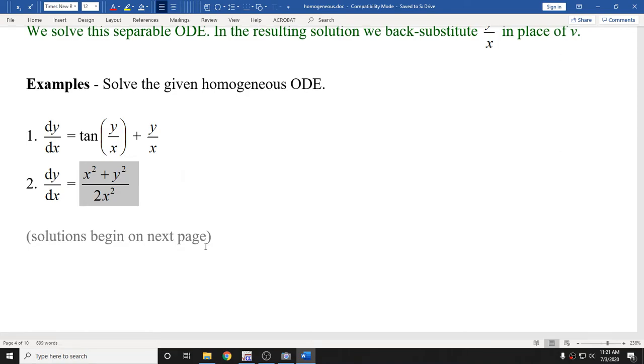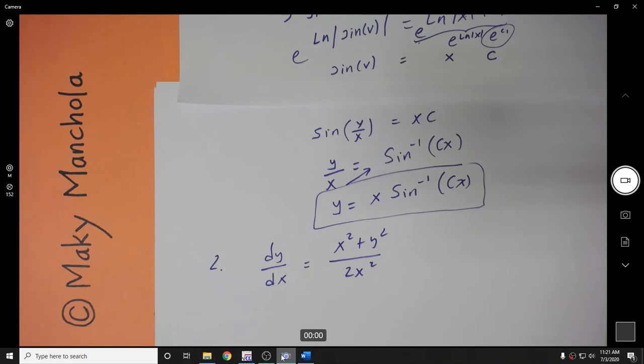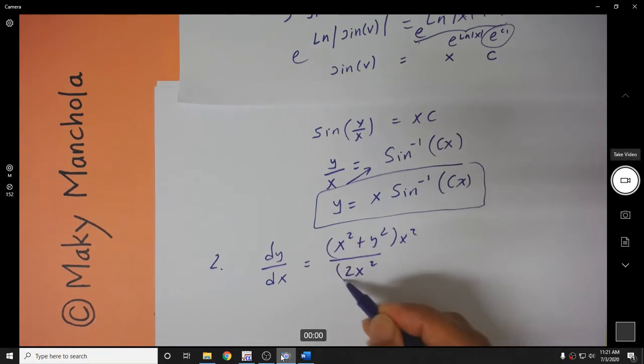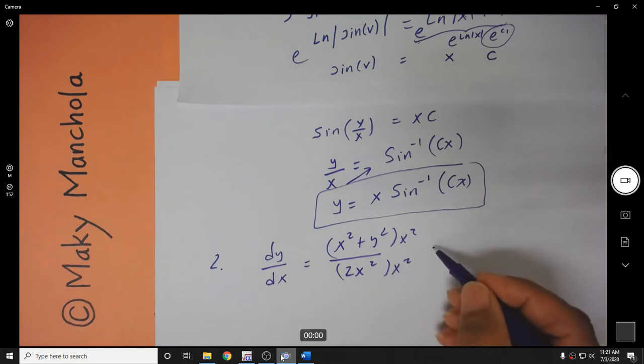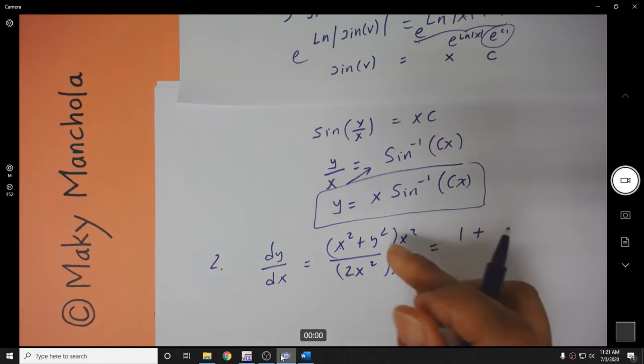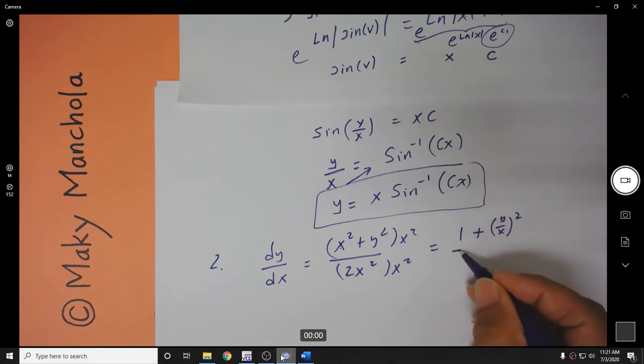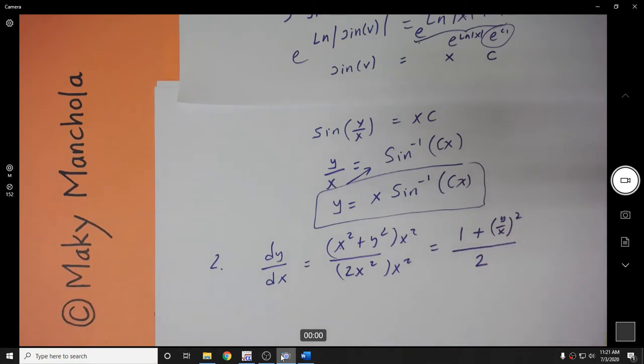Divide the numerator and denominator by x squared. So we end up with x squared over x squared is 1, plus y squared over x squared is simply (y over x) to the second power. In the denominator we have 2.